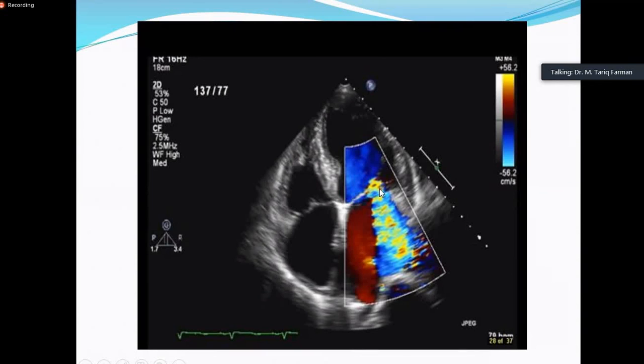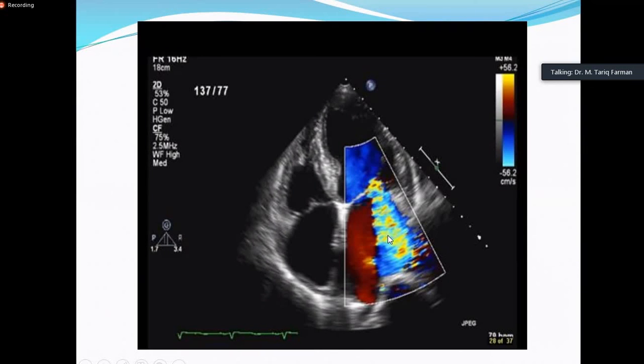But because of this improper closure of the valve, because of the disease that damages the leaflet, the coaptation of these two leaflets is improper, and because of this improper closure of the valve, there is leakage of the blood from the left ventricle into the left atrium, and you can see this leakage.